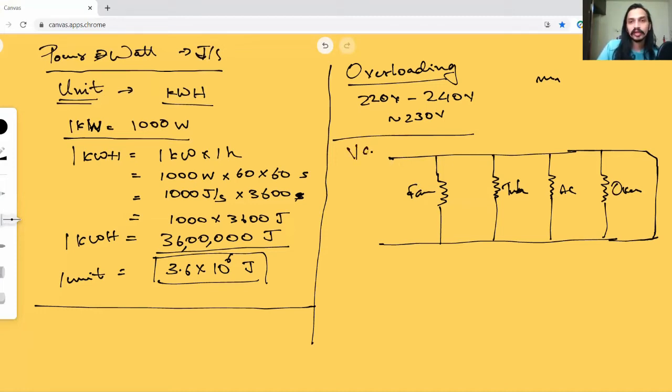So the voltage will be constant for all the loads. If we assume 240 volts, my fan has the same voltage, the tube light, AC, and oven also have the same voltage. However, the voltage is only going to give you a certain amount of current based on your resistance.